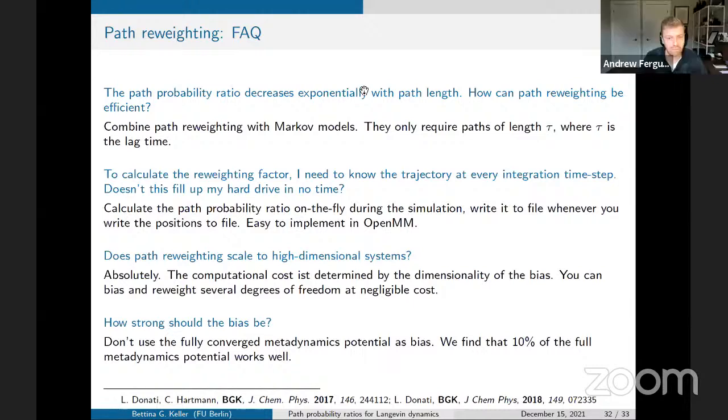So the length of these paths is the length of the lag time in a Markov model, orders of magnitude smaller than the slowest time scale in the system. So the combination of Markov models and path reweighting seems to work.